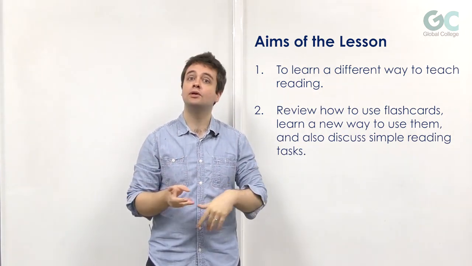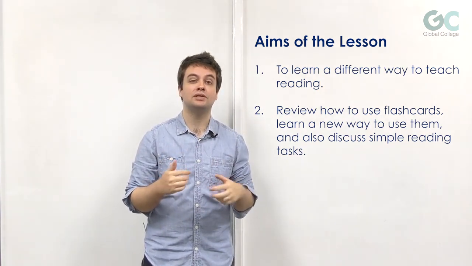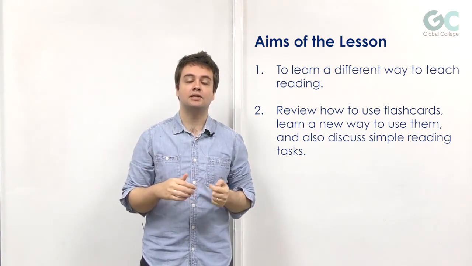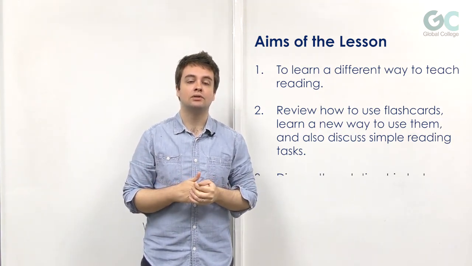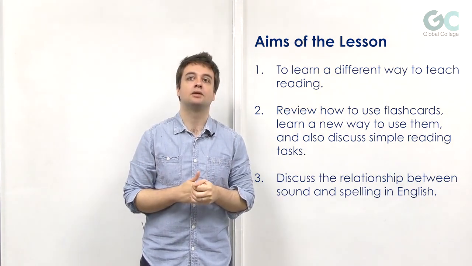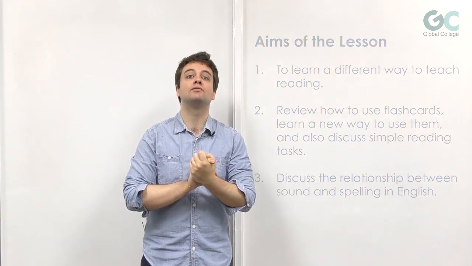And we have, but we're going to look at a different kind of flashcard activity. And we're also going to be discussing simple reading tasks. After that, guys, in our last activity today, we're going to talk about the relationship between sound and spelling in English. All right, guys, so get ready. We're going to jump into our first activity in a few seconds.